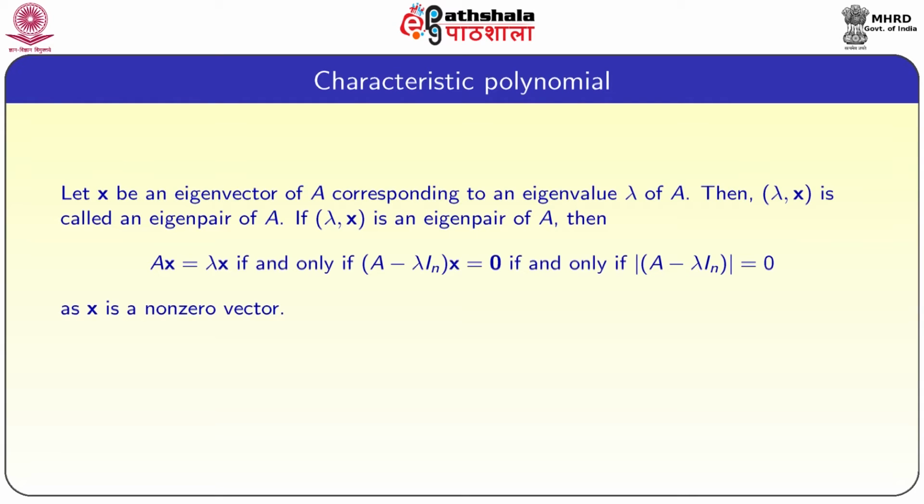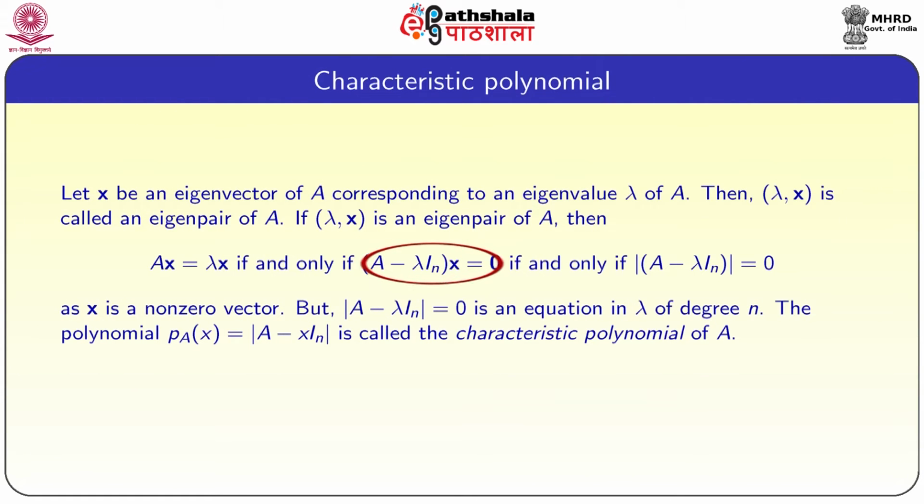That is possible only if the determinant of B equal to 0. If determinant of B is not equal to 0, that is B is invertible, then Bx equal to 0, if you multiply both sides with B inverse, we get x equal to 0, but here x is an eigenvector, which is non-zero. So, we have that the determinant of A minus lambda In is equal to 0.